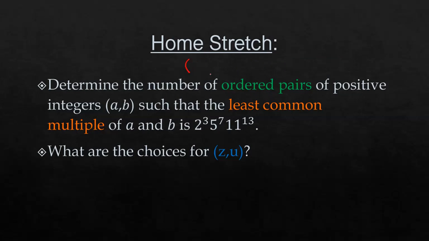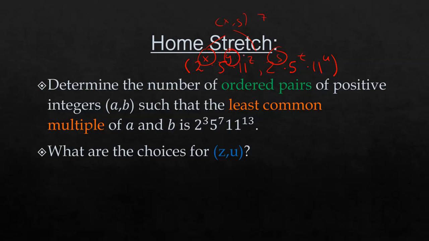Yes, Angelina. That's the finish. So for all the pairs that are going to look like 2 to the x times 3 to the y times 5 to the y times 11 to the z, and 2 to the s times 5 to the t times 11 to the u, we figured out that for these pairs, x and s, we have 7 cases.